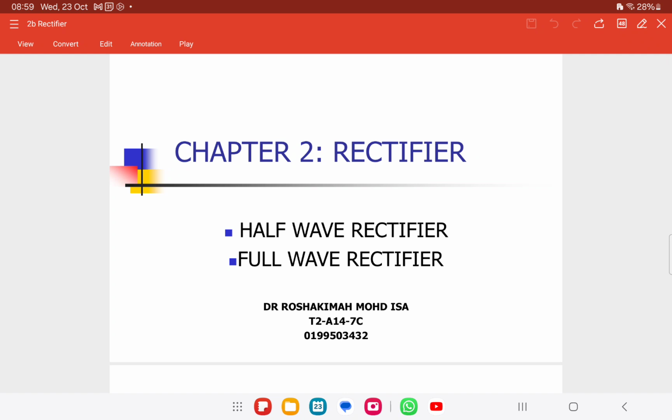As I mentioned in previous class, for the calculation, please focus on 2A and 2D. Yang lain ni ada calculation dia, but then it is more on your fundamentals understanding. Okay. Alright, so what is rectifier?